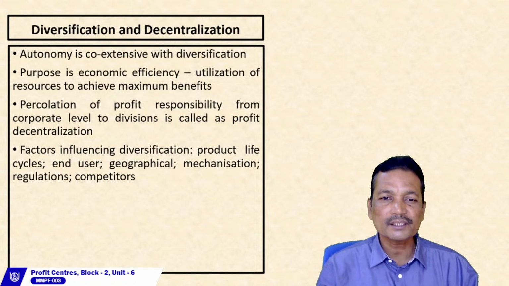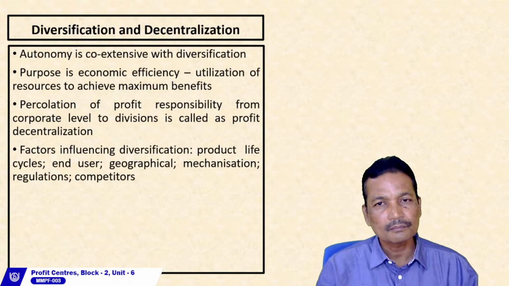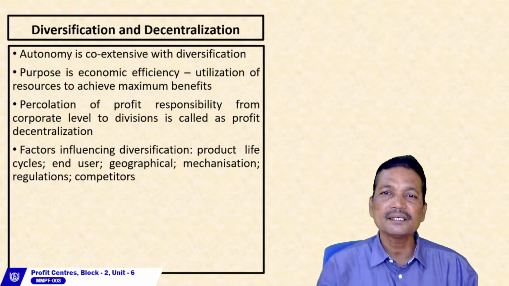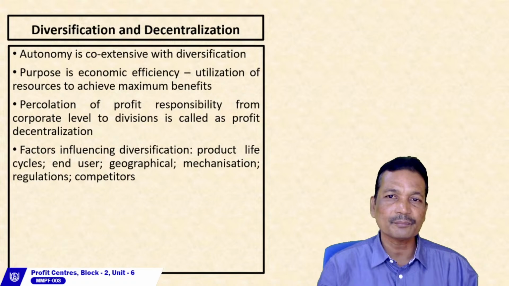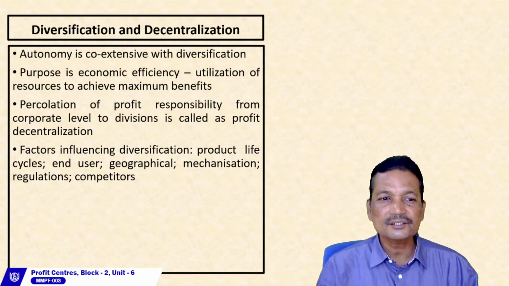We try to look at diversifying into such kind of products whereby the profit generation can be easier as competition is less in those kind of products. So these are some of the factors which influence diversification.